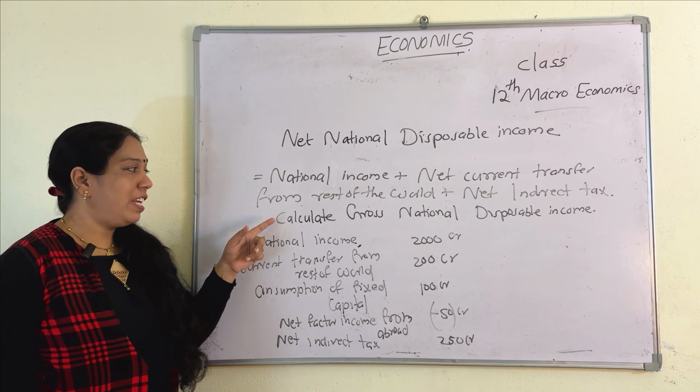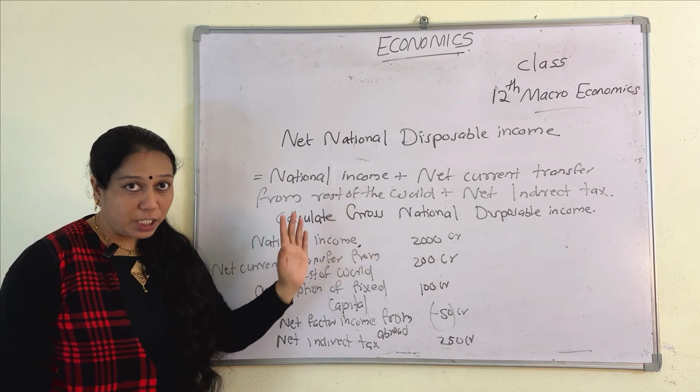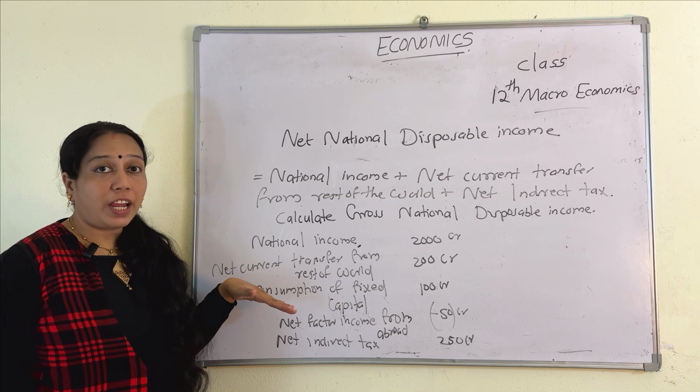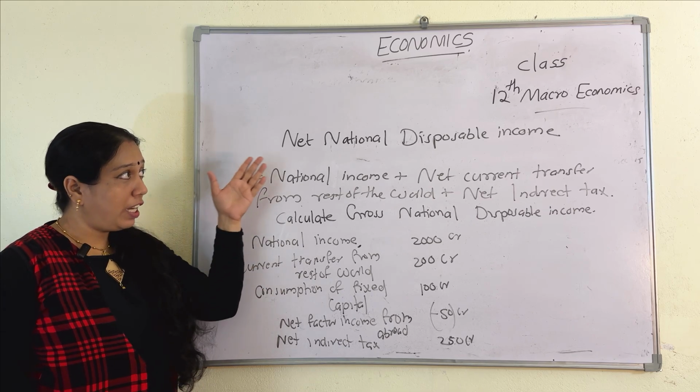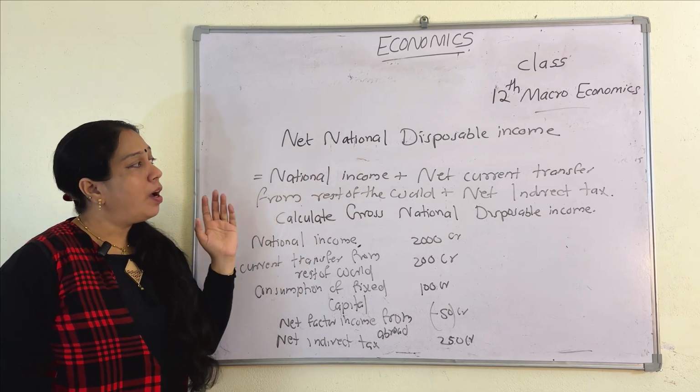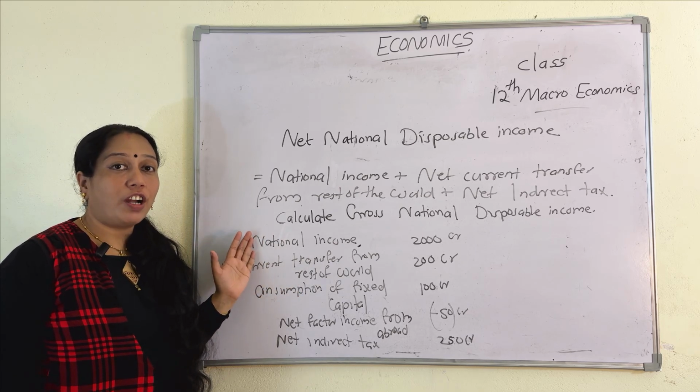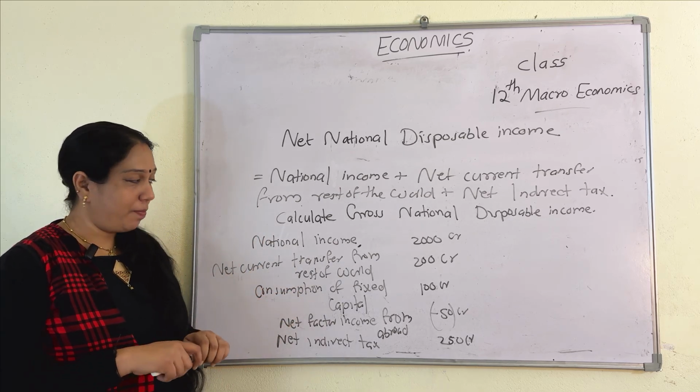Okay, here the question is to calculate the gross national disposable income. So you have to write the formula: net national disposable income plus depreciation, you will get gross national disposable income.